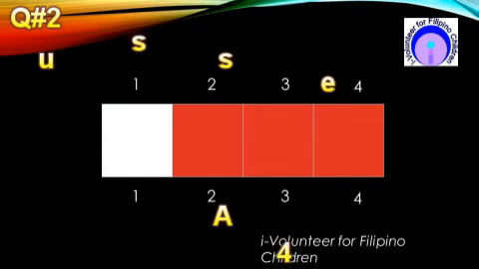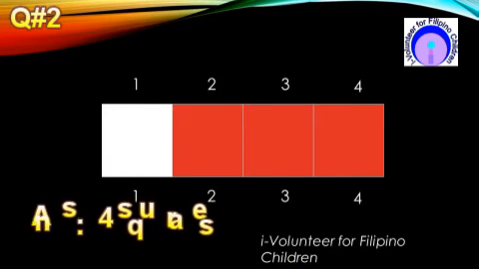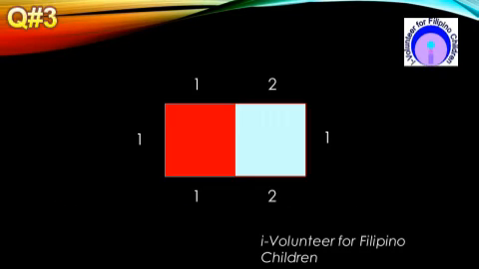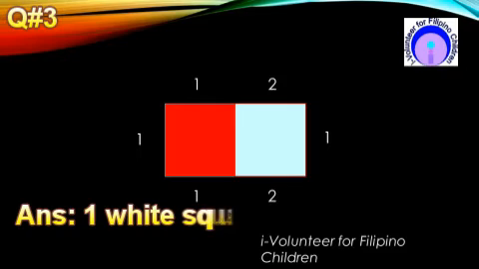The answer is 4 squares. Question number 3. How many white squares can you see? The answer is 1 white square.